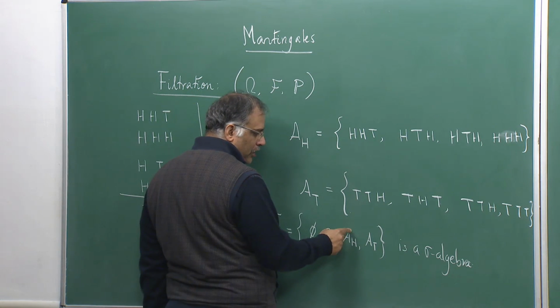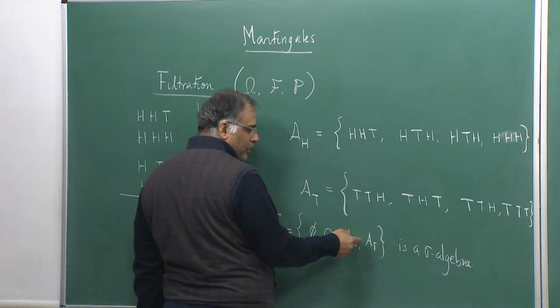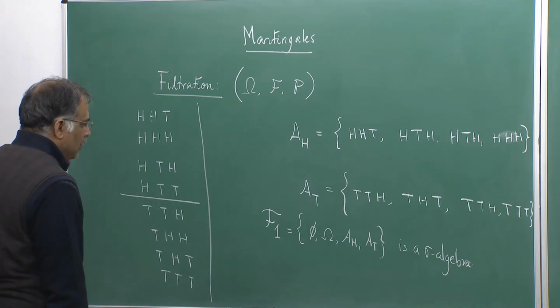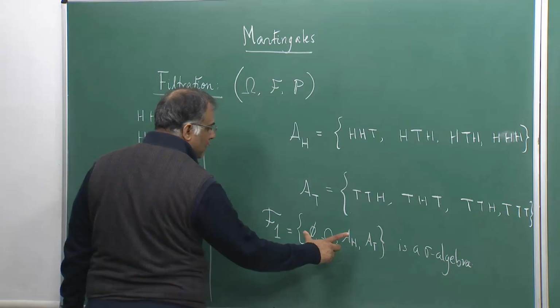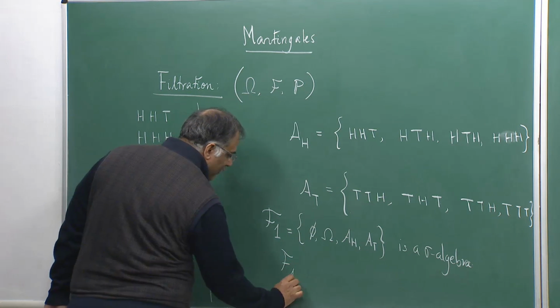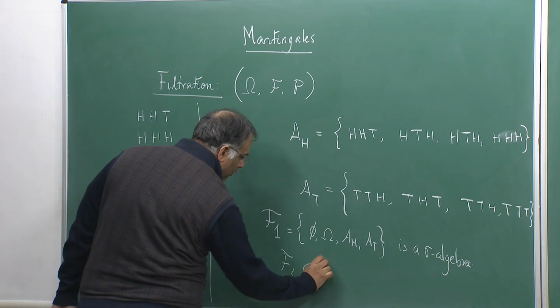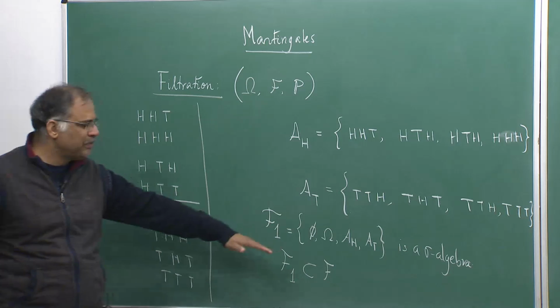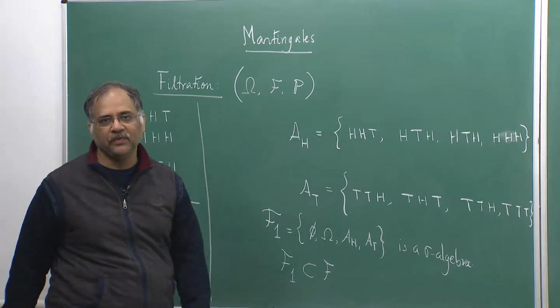If you take the complement of AH, it is AT, and the complement of AT is AH. So, this is a sigma algebra. Of course, you immediately see that F1 is a subset of the sigma algebra F. So, part of the sigma algebra gets revealed when some information is revealed.